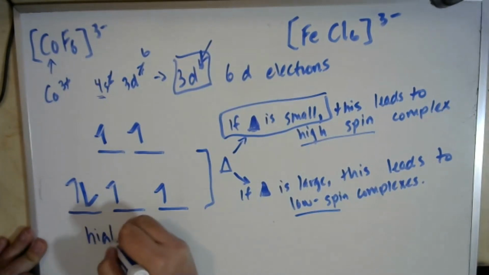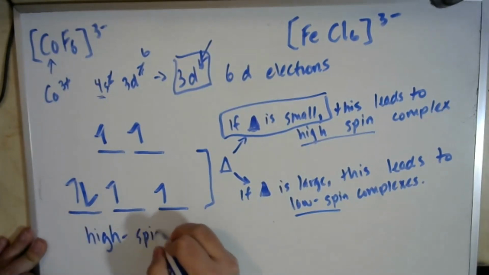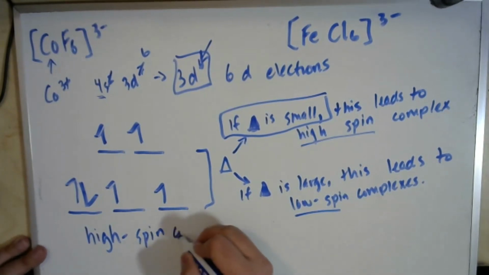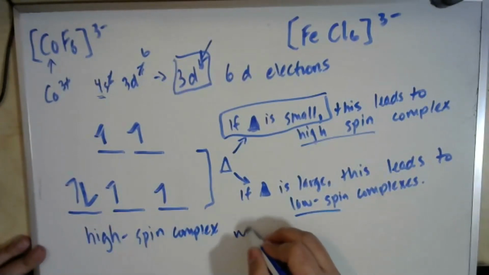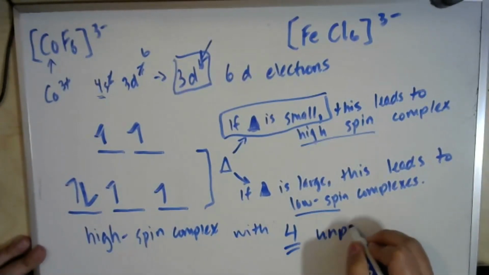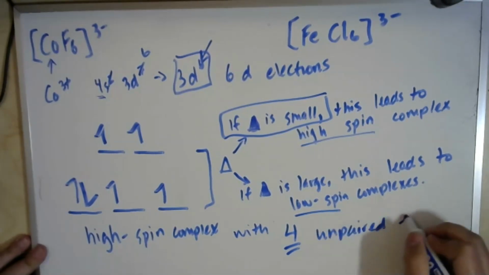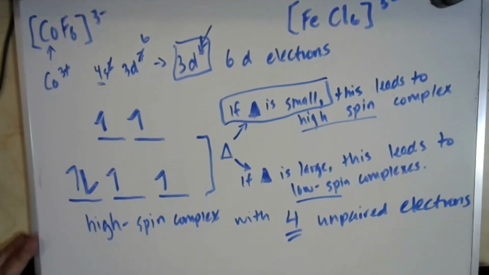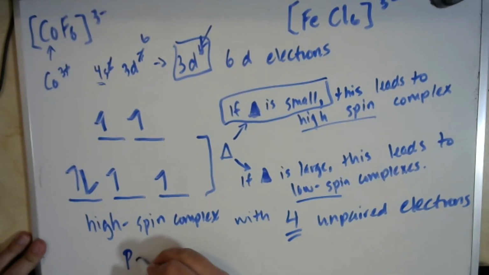So we're going to have a high spin complex with 4 unpaired electrons. When we have any unpaired electrons, this means that our species is going to be considered paramagnetic.